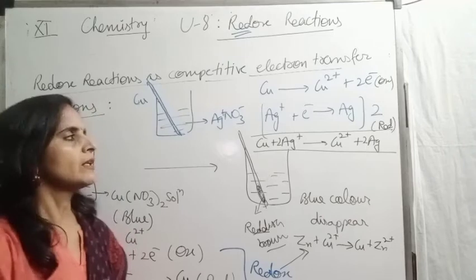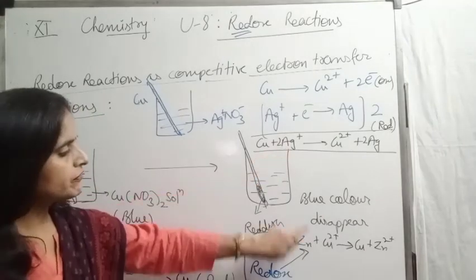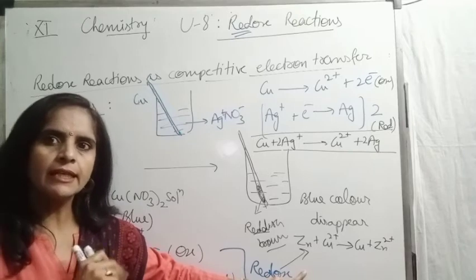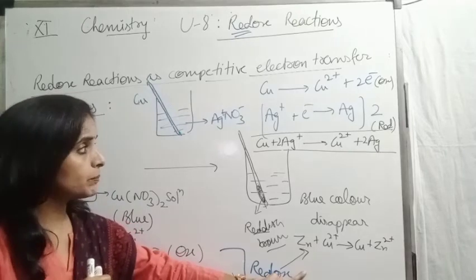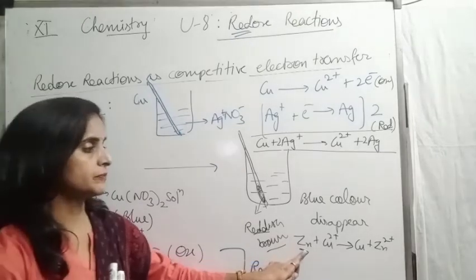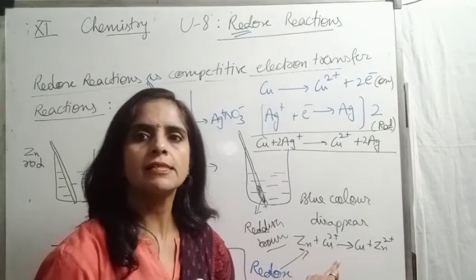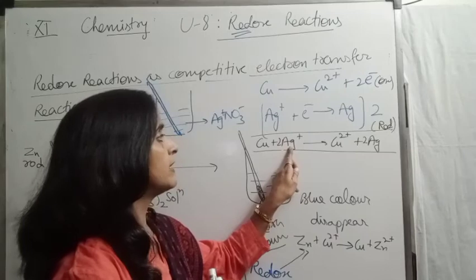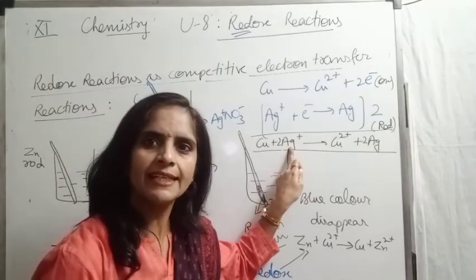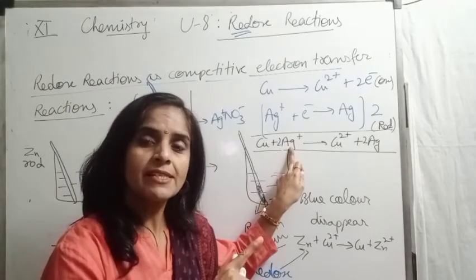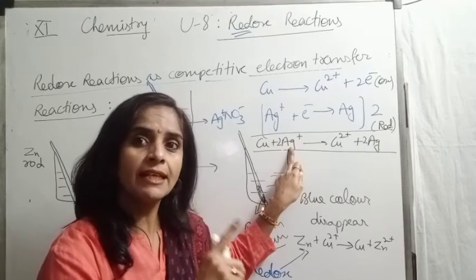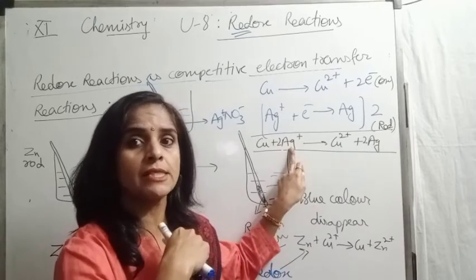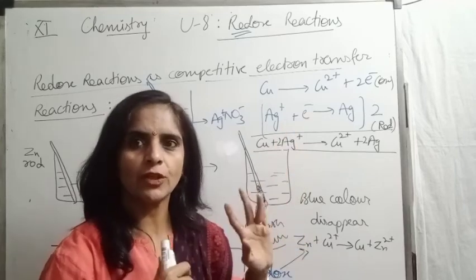Clear, children? So now if we compare these two reactions, we can easily conclude that in presence of zinc, copper is reduced, but in presence of silver, copper is oxidized. On this basis, we can tell about the tendency to lose electrons if we compare these three metals only.